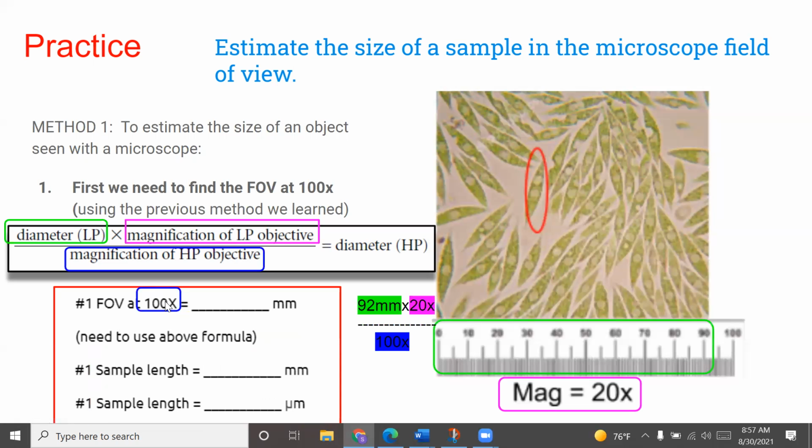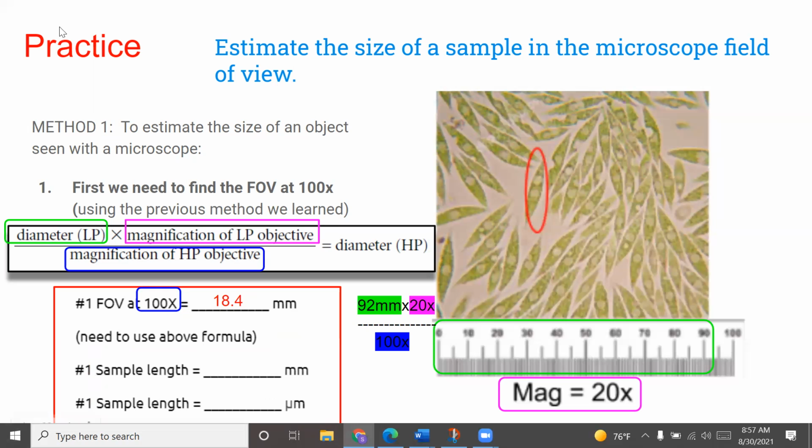Oh, I did 92, so then it came out to 18.4. Oh, you were right. Is it because it's not 180, it's 1800? Okay. So we got 18. You could stick with 18. If you did 91, you would have got a different answer. If you did 92, you would have got a different answer.